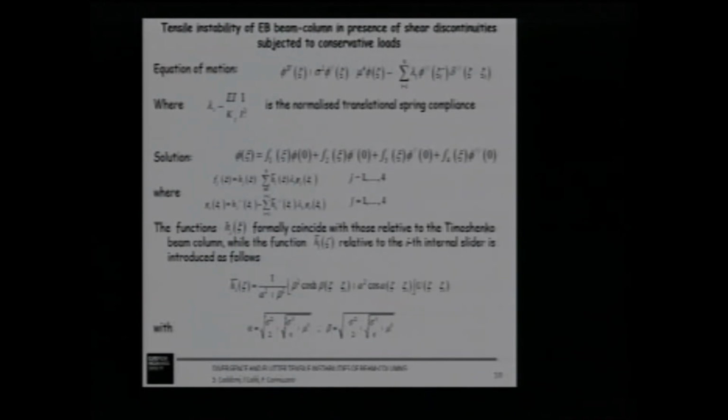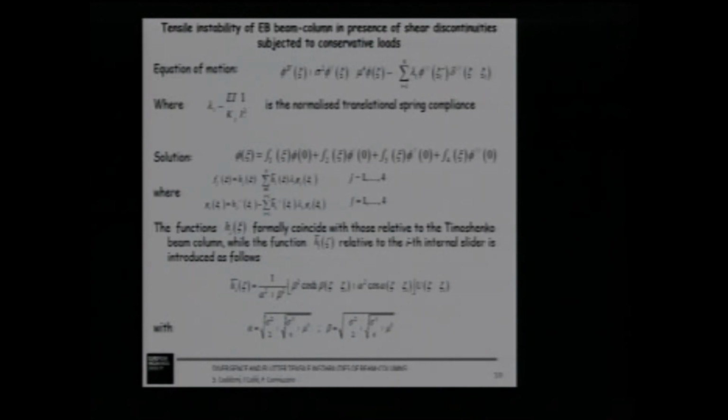The solution can be provided in this form, and as you may see, it is a function of 4 integration constants only, irrespectively of the number of internal discontinuities considered. And this is a great advantage because we do not have to enforce the continuity condition at each discontinuity.